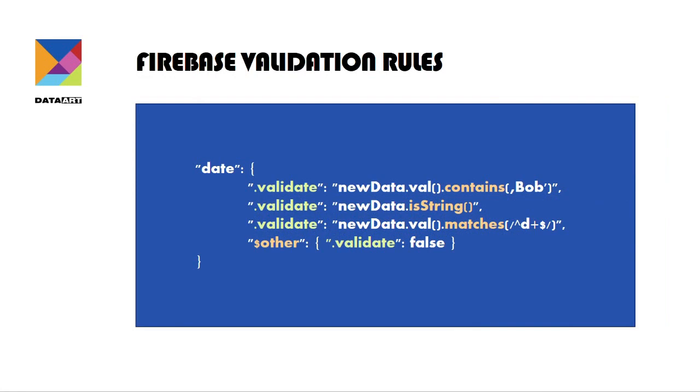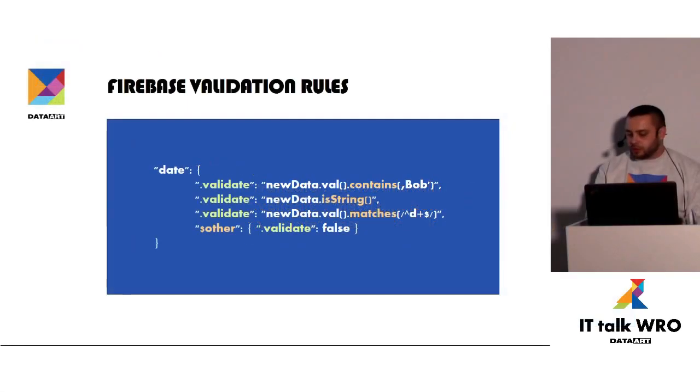So besides authentication, we can validate data. As you can see, new data is the new data the user pushes to the server. We can check if it contains some kind of string in it, if it's a string. We could also use regex expressions, all of different things.